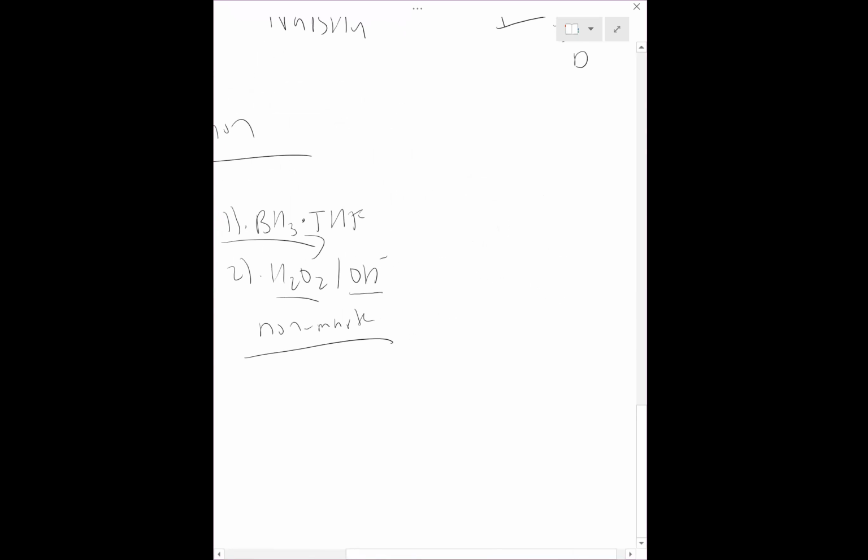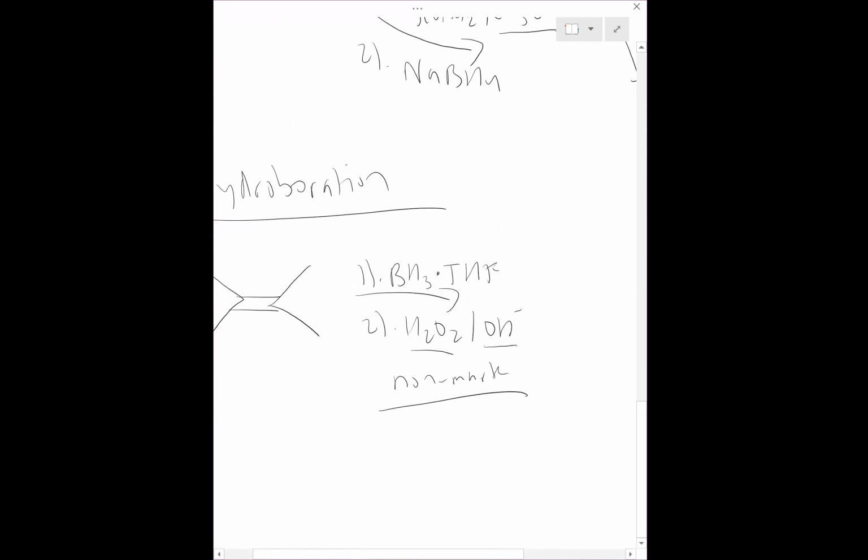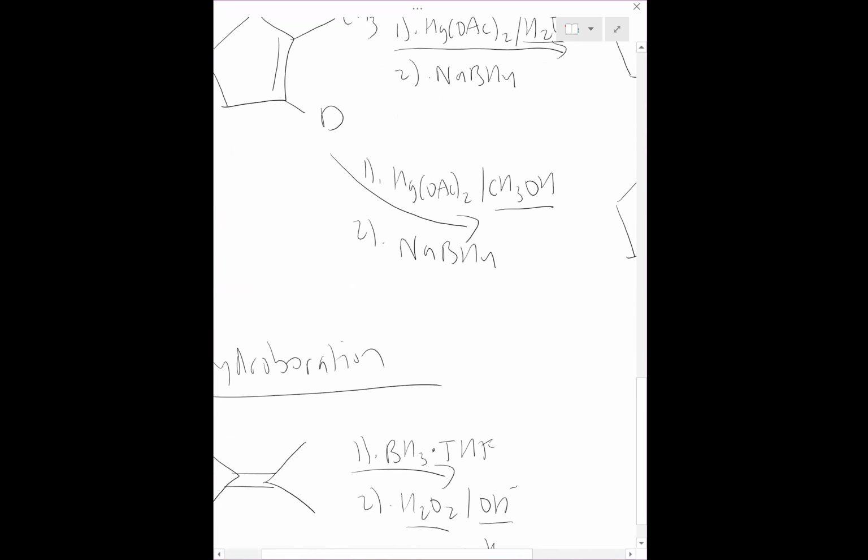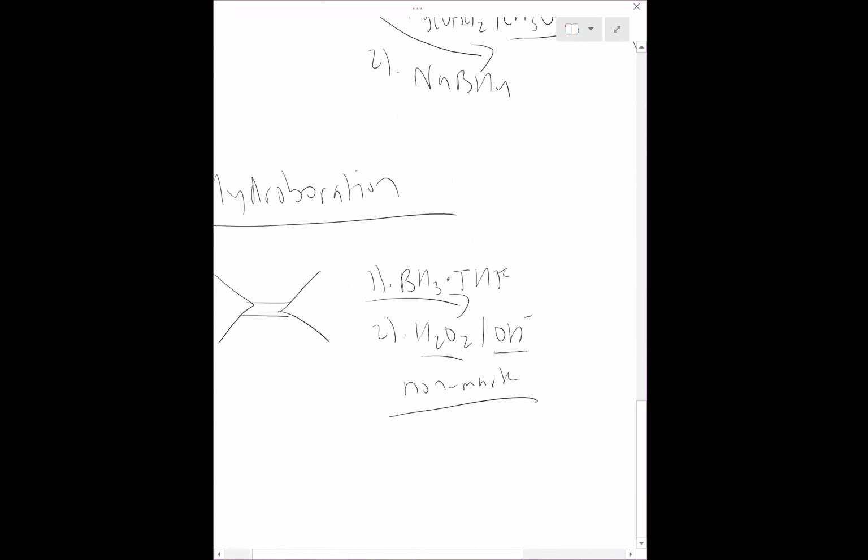But what's also important about this reaction, remember above with this mercury one, it's Markovnikov addition and anti-planar. This one is going to be non-Markovnikov, and to confuse you even more, this one's going to be syn addition.